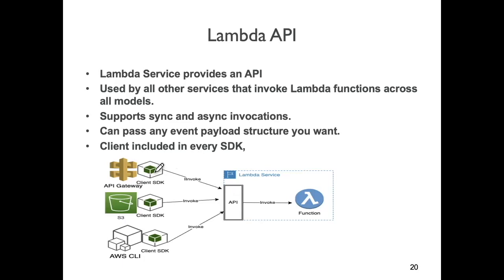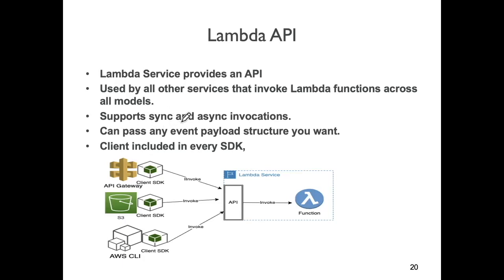So that's what I'm trying to get across here, that each of these services that are trying to invoke a particular Lambda function, they're using the AWS SDK package to facilitate the communication. And so if we wanted to write our own piece of code to communicate with a Lambda function, we would use the AWS SDK as well. And that's irrespective of whether it's the synchronous or the asynchronous programming model.